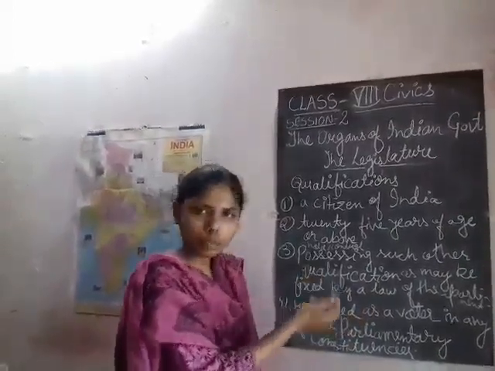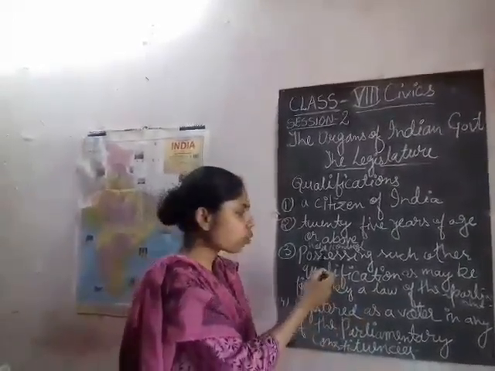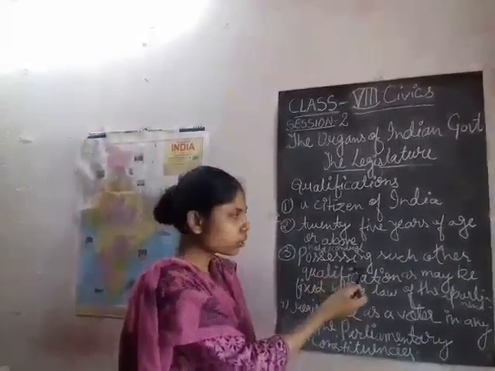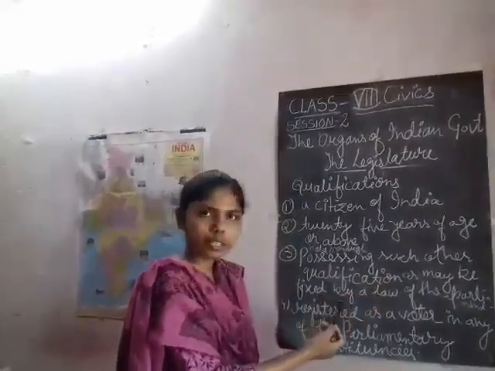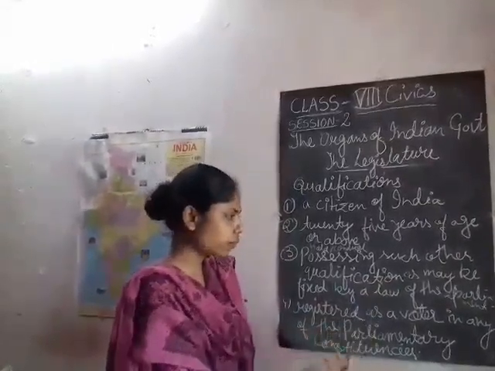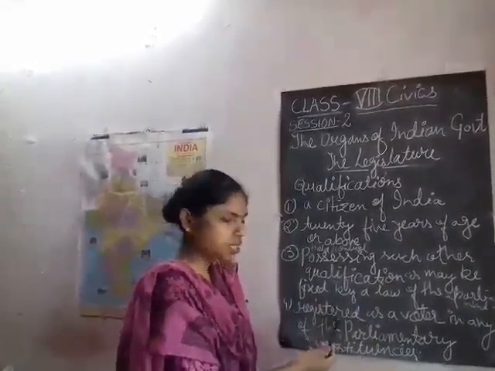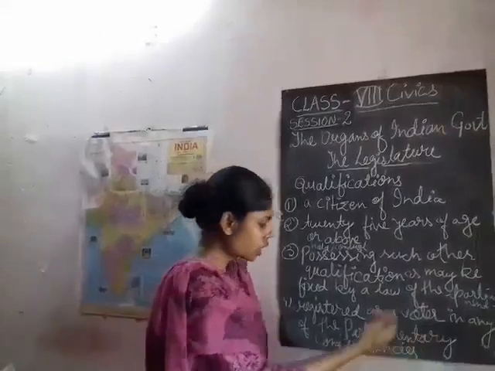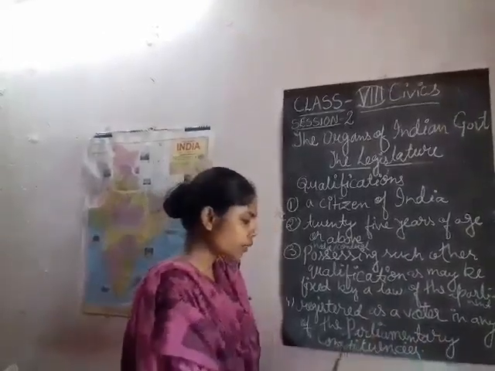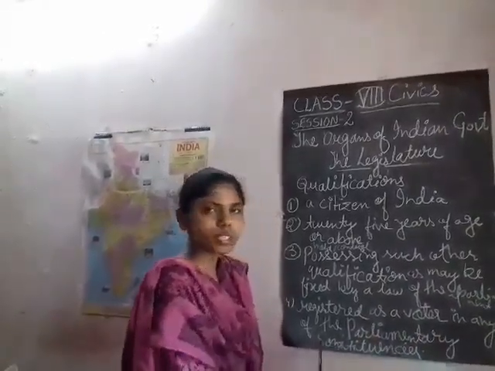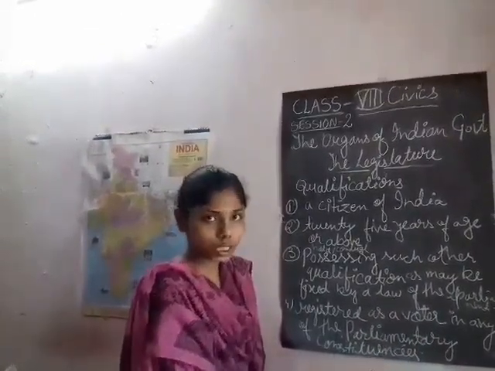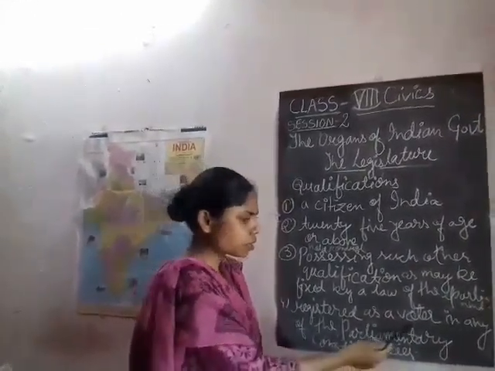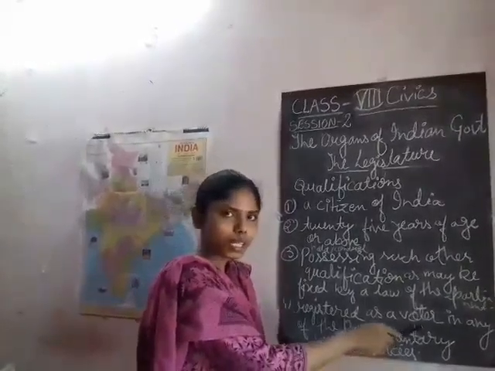Possessing means hold or control such other qualifications as may be fixed by the law of the parliament. Last one, registered as a voter in any of the parliamentary constituencies, meaning they have to register as a voter in the elected areas.